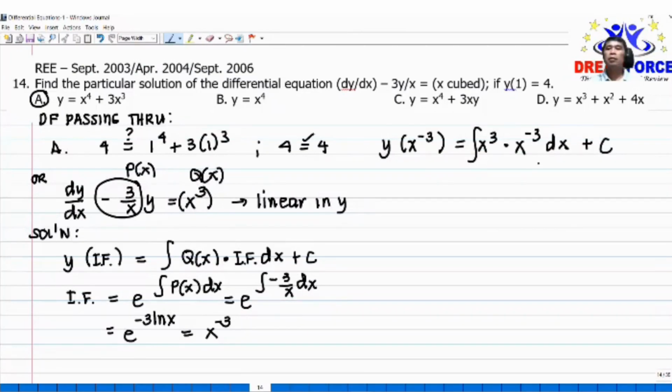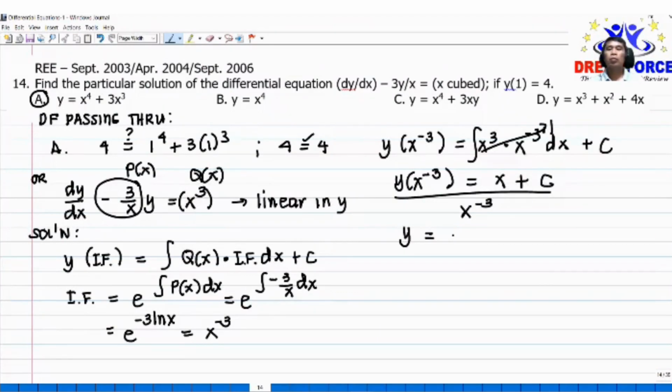So the integral of this is equal to 1. So y times x raised to negative 3 is equal to x plus c, then divided by x raised to negative 3, is equivalent to y is equal to x to the fourth plus c x cubed.